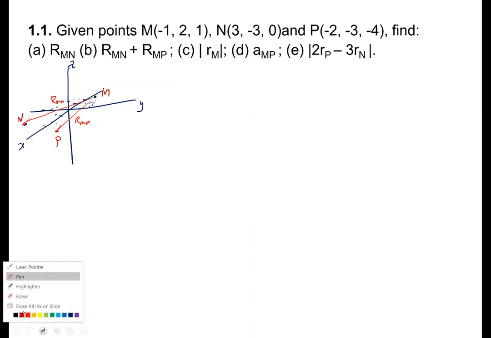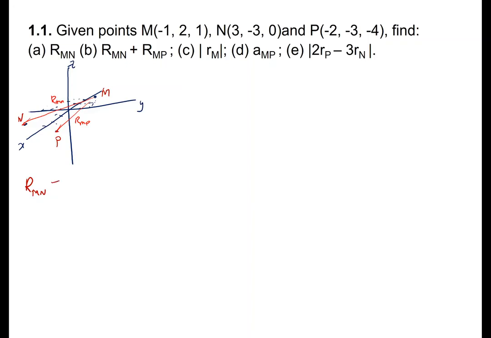This doesn't tell us whether rectangular, cylindrical, or spherical, but since this is the basic one, we can solve it in any form. Most of the time, we use the rectangular or Cartesian coordinate system.